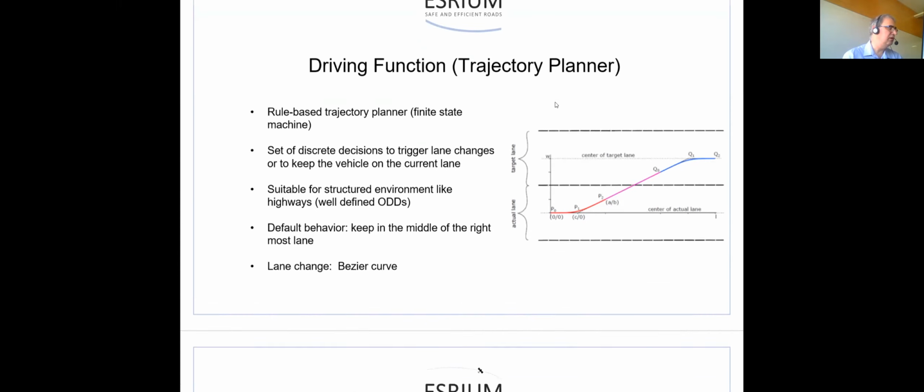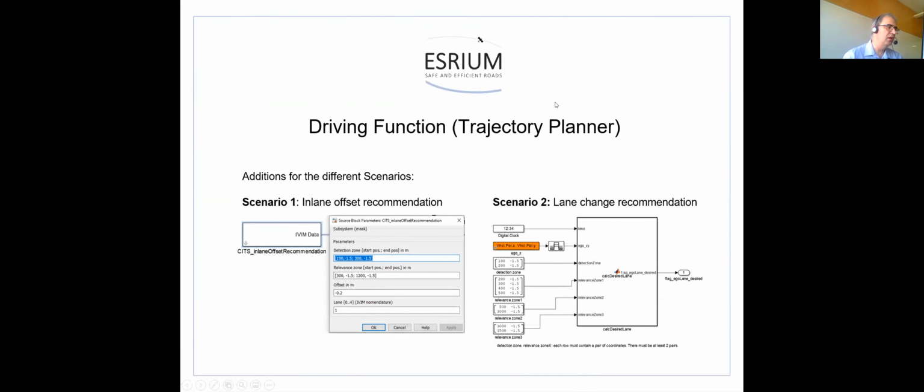Next slide, please. For these use cases, we have to add additional functions. We need an emulation of the sending and receiving of the IV message for both scenarios.